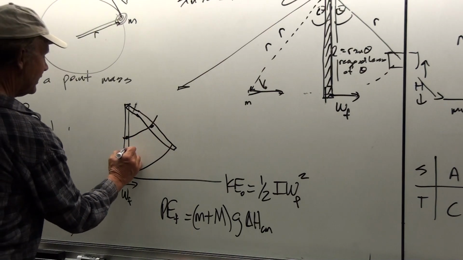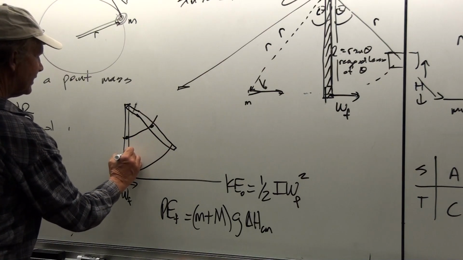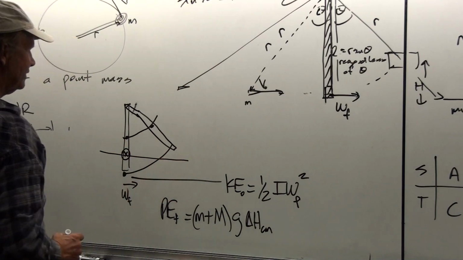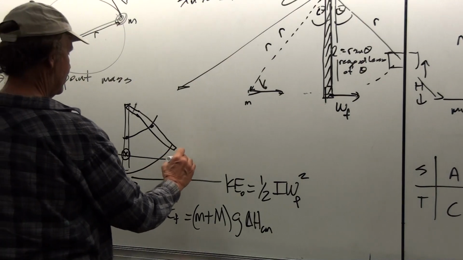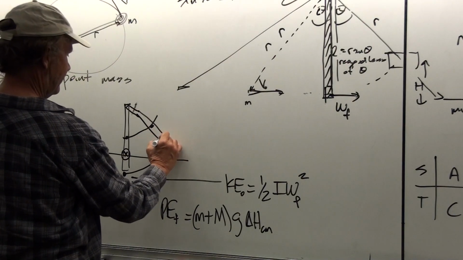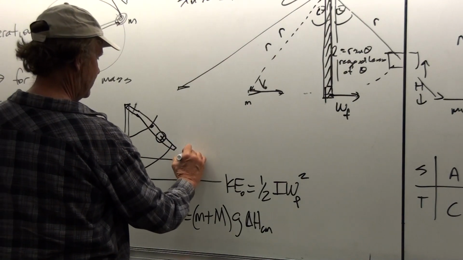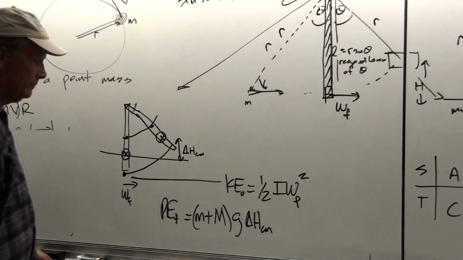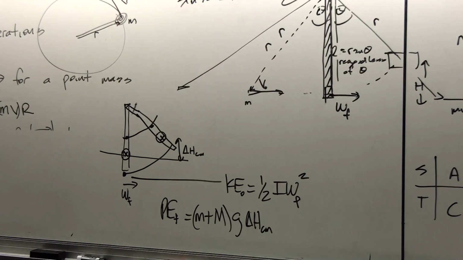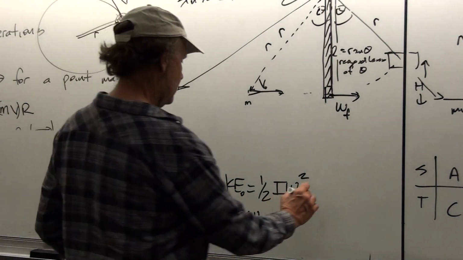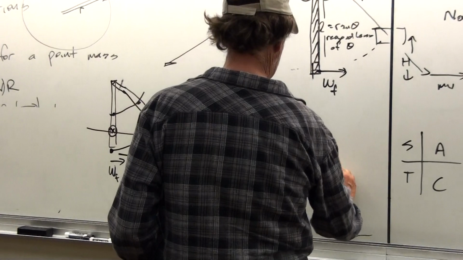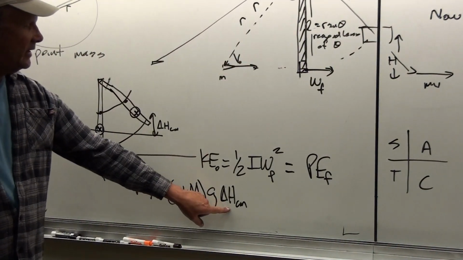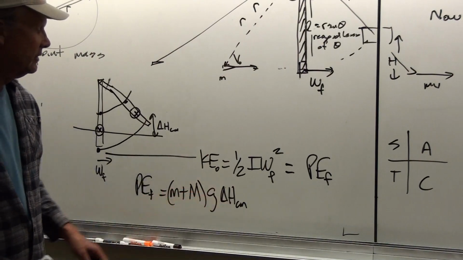But if we looked at the center of mass between those two, let's say it was at this point here, then you could call this the zero reference position for potential energy, and this the final reference position, and then this would be delta h CM. And so you could just set the kinetic energy equal to the final potential energy, and then you could find the height that the center of mass has risen.